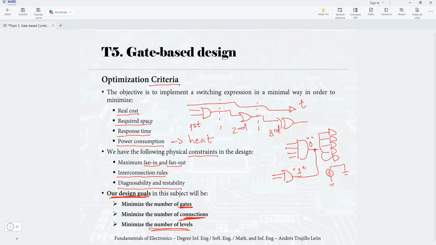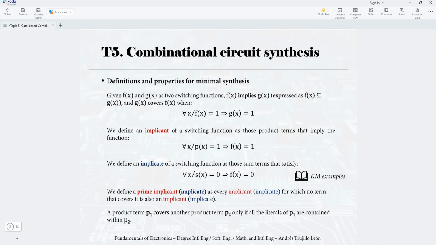So if we have a high number of levels, the circuit is going to be also slower, as we have seen. So we have to see again definitions and properties if we want to reach the minimal synthesis, a circuit that is the minimal, the cheapest, etc.